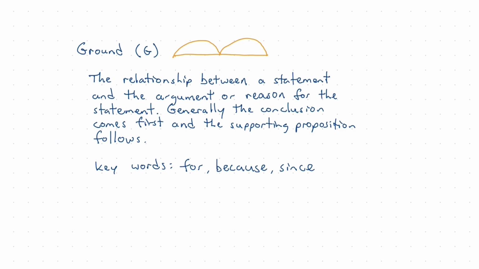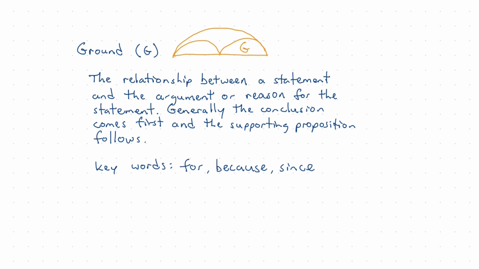We're going to arc this by identifying the two propositions, and then identifying the ground proposition which supports the main proposition, and then we're going to draw an arc over the top of both of those arcs to say that these two propositions are in the relationship of ground.